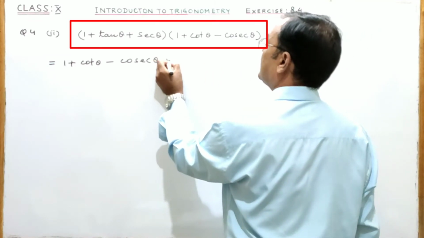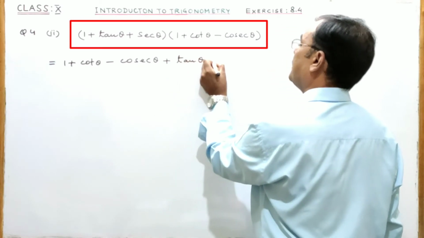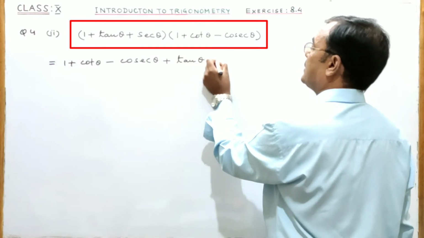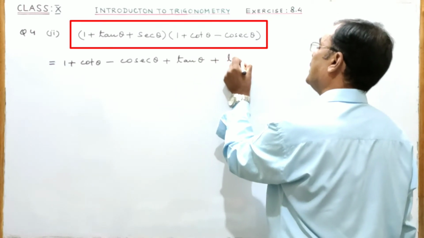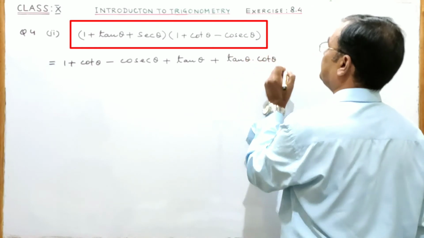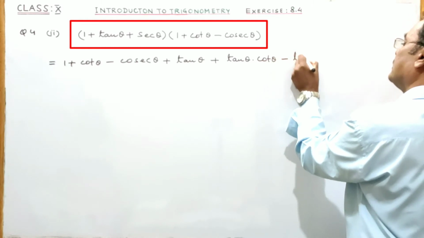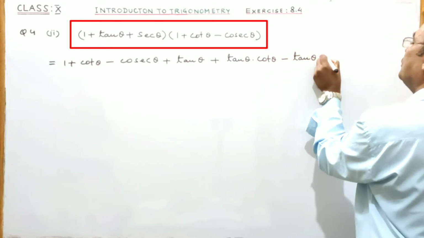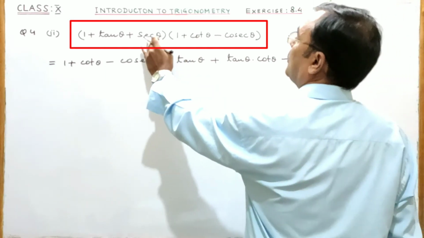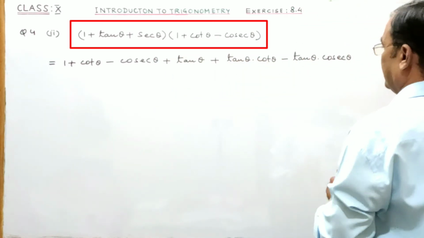So plus tan theta into 1, tan theta, plus tan theta into cot theta, minus tan theta into cosec theta. Now sec theta will multiply 1 plus cot theta minus cosec theta.